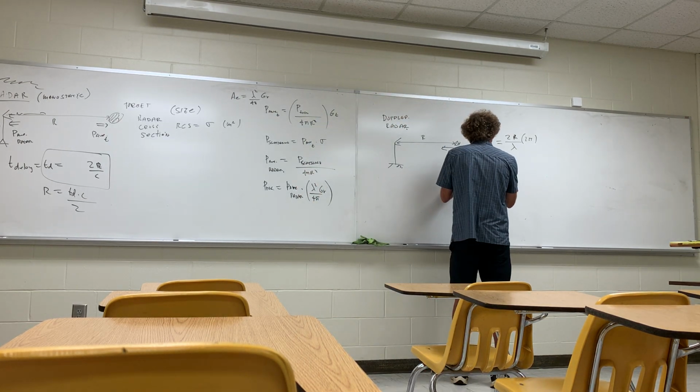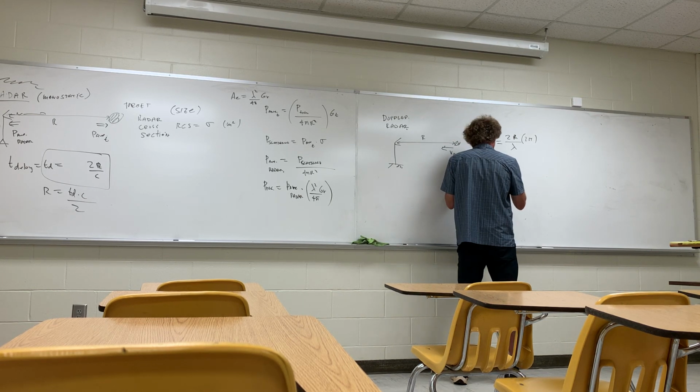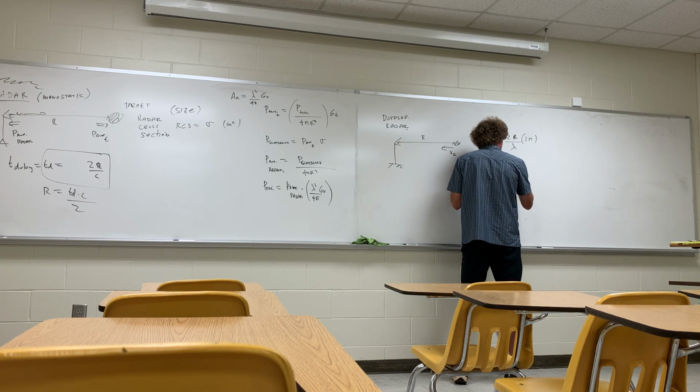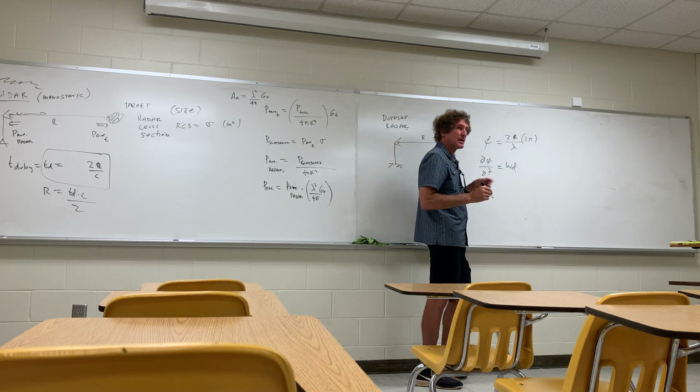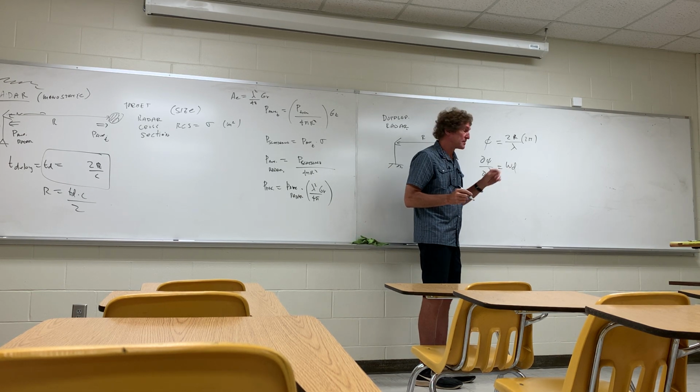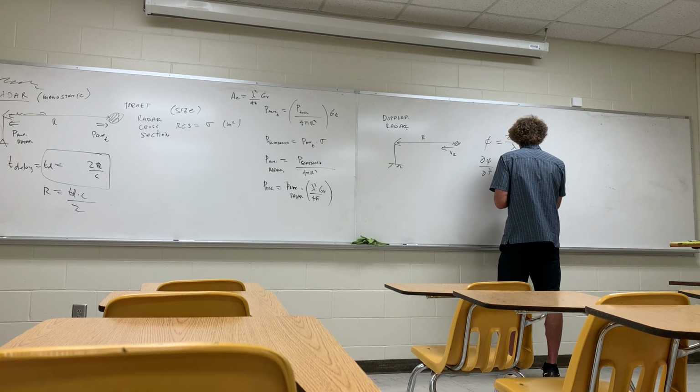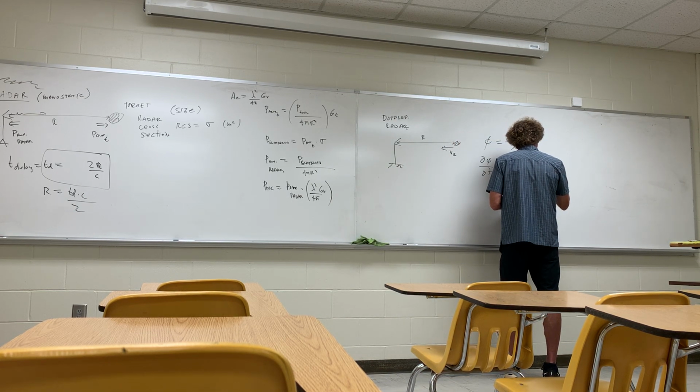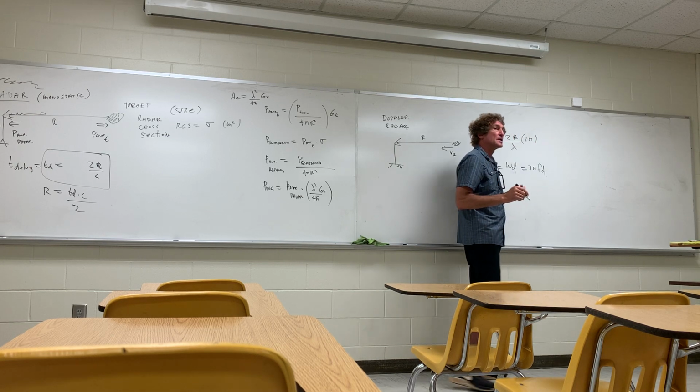Now, when we take the derivative of the phase with respect to t, we get something called the Doppler radian frequency. Think about it. The rate of change of phase with time would be the radian frequency. You all follow me? Because that's in radians. That's also equal to 2 pi times the actual Doppler frequency in hertz.